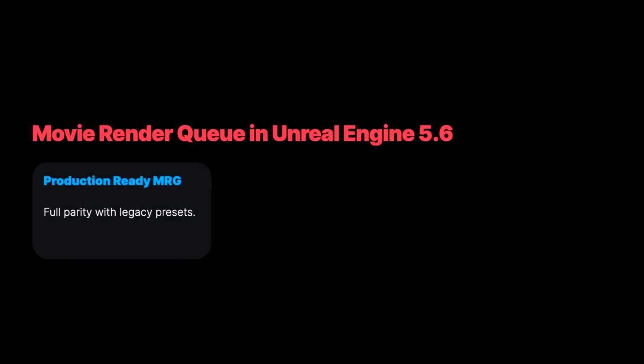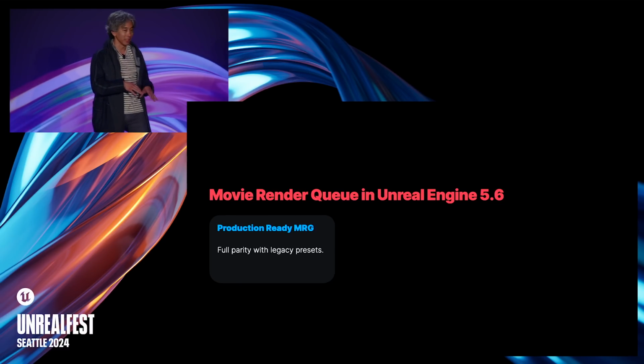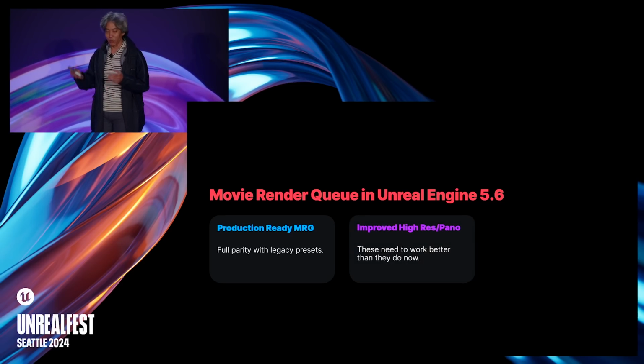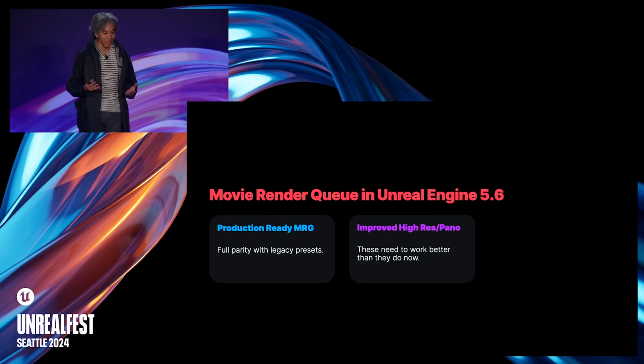Looking ahead to the next release, we kind of envisioned this feature as a 3-release cycle of 5.4, 5.5, and 5.6. So what we're aiming to do in the next release is hit full parity with the legacy preset system and call Movie Render Graph production ready. One of the big missing features that we haven't moved over yet is the high-res and panoramic options.